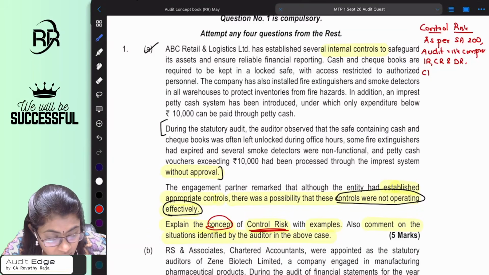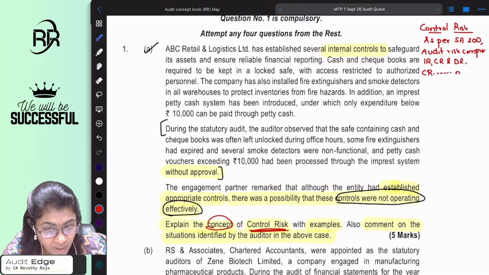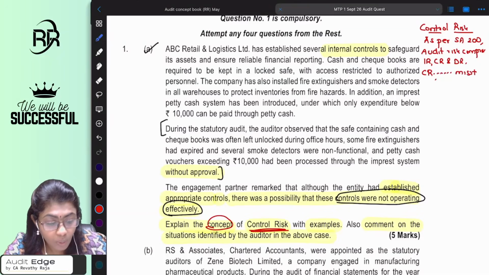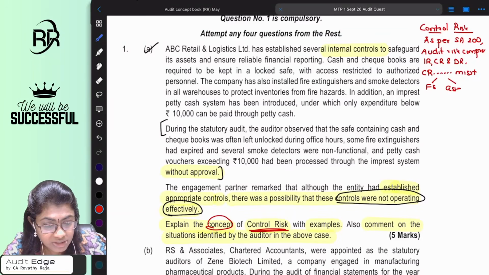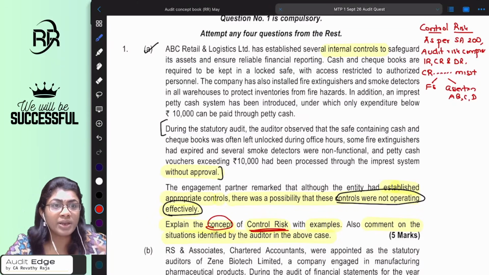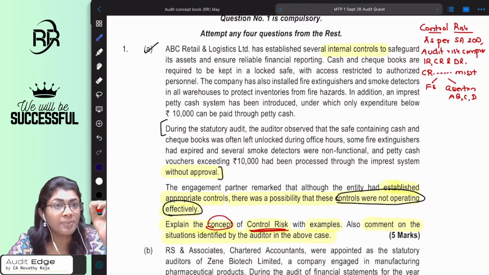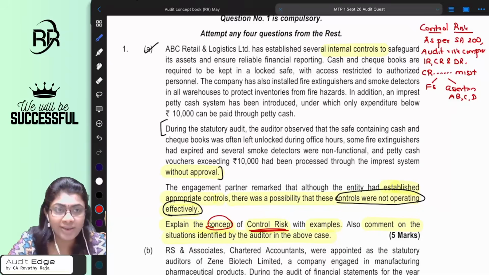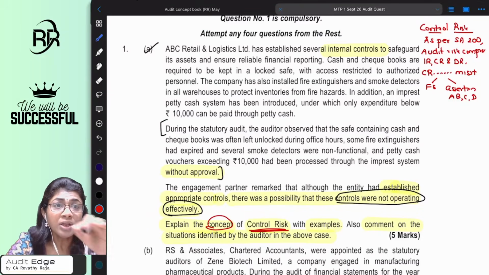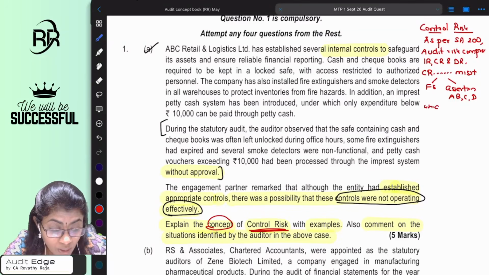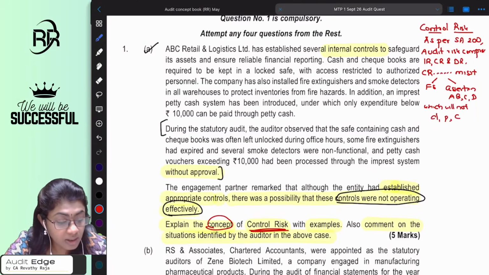So what? Control risk is a risk that misstatement would occur in overall FS or assertion in account balance, class of transaction, disclosure, which may not be detected because there is a deficiency in internal control. Meaning, I'll say the exact sentence: Control risk is the risk that misstatement may occur in FS or assertion level of account balance, class of transaction, or disclosure, which will not be detected, prevented, or corrected by internal controls on a timely basis.